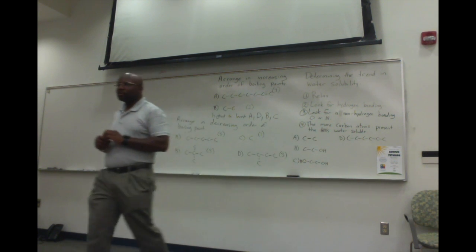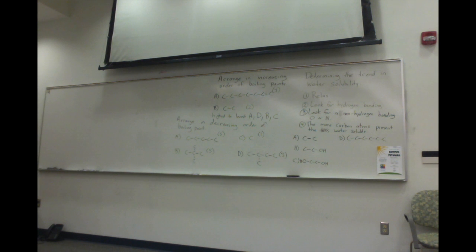The boiling point was good for the number of carbons, and then the branches. I was asking for this one, you said D would be the least. Yes. But if I look at the non-hydrogen bonding, which would be between B and C, why wouldn't you use one of those first like you did the other one? You see what I'm saying?